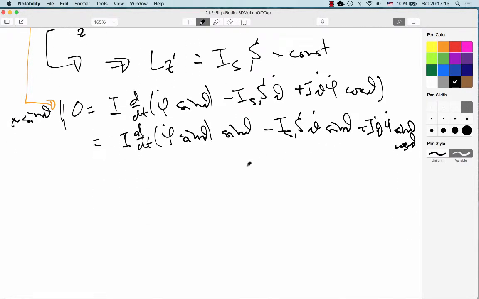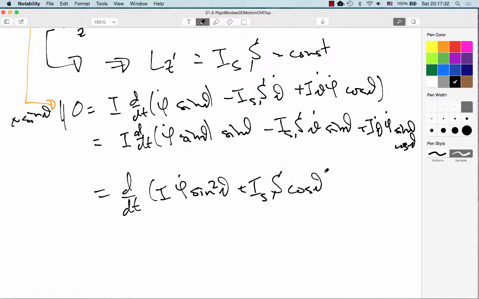The reason I do that is because I can rewrite it as d/dt of I phi dot sine squared theta plus I_s s cos theta. And we look at all that and we recognize that that is the z component, not the z prime, the z component of the angular momentum.